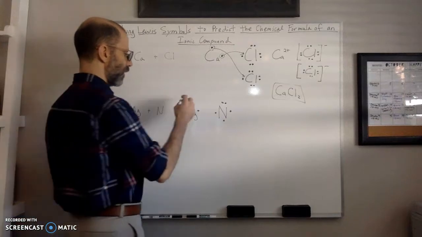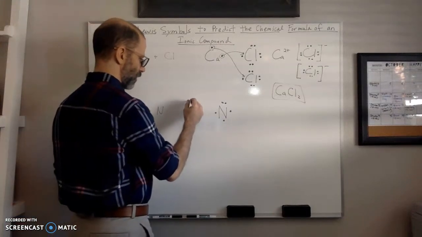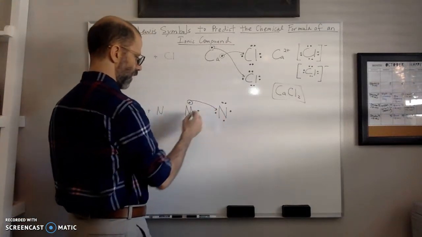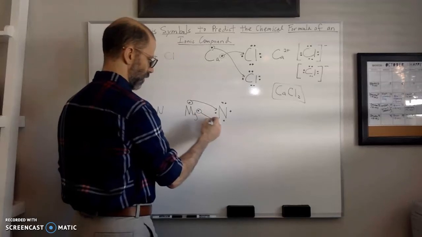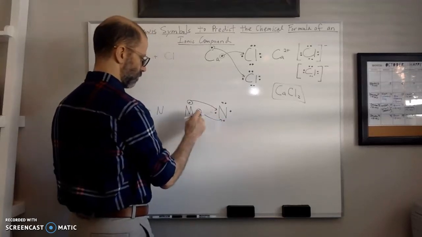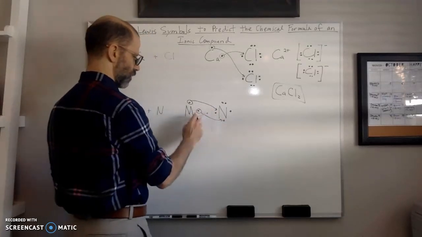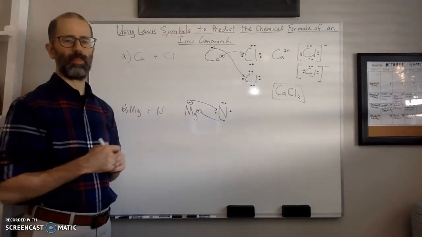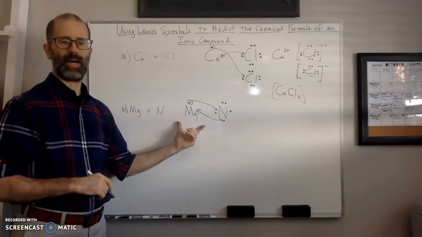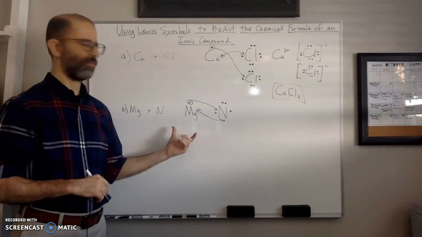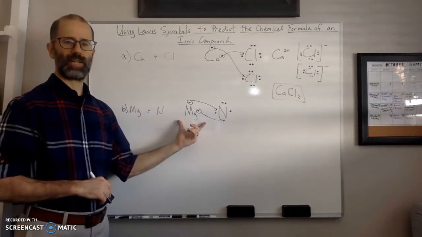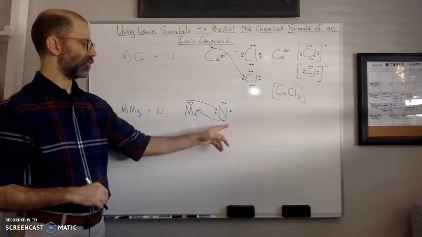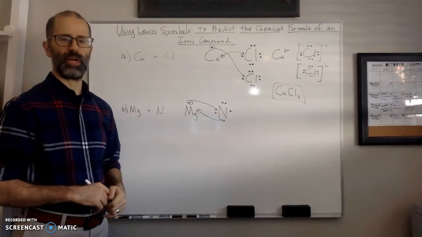So we're going to transfer these 2 electrons there and there. So we're going to pair these up together. So this one's going to pair up with that one. So this magnesium is now happy because it now has an octet. It's going to have a full outer shell, which is the next shell below. But nitrogen still has 1 unpaired electron.